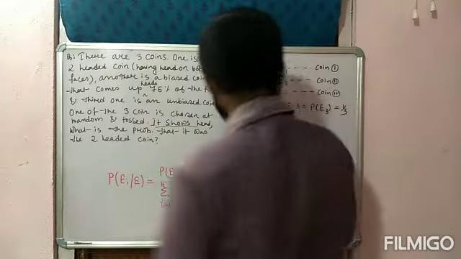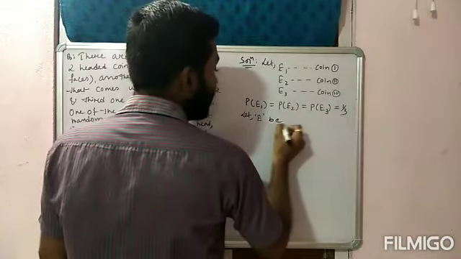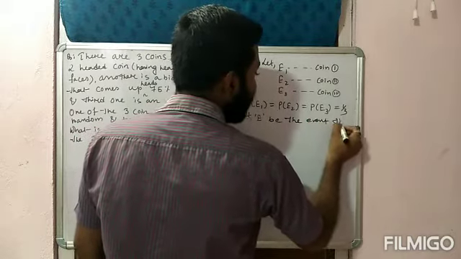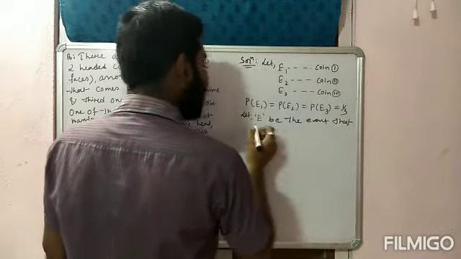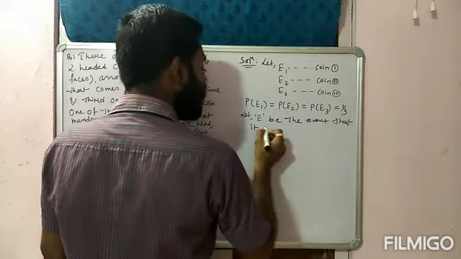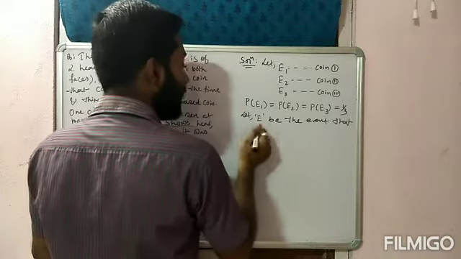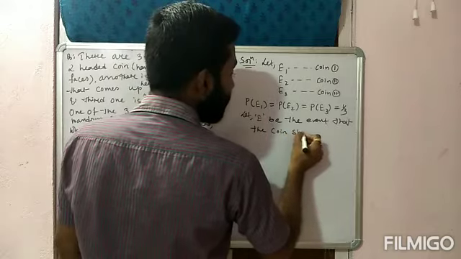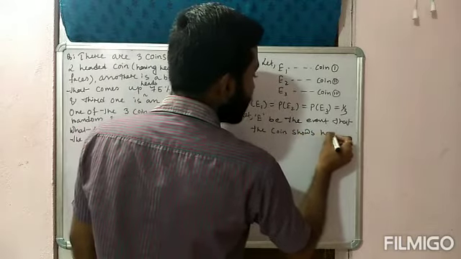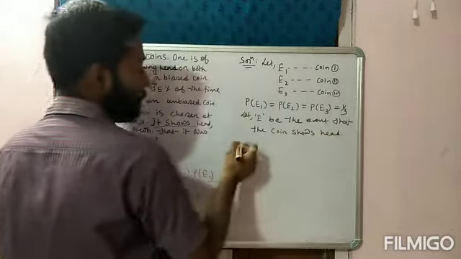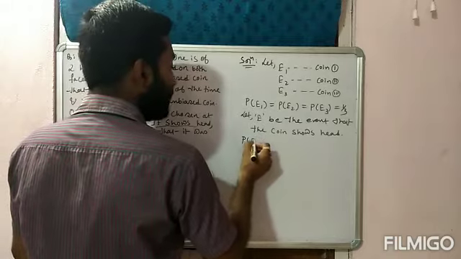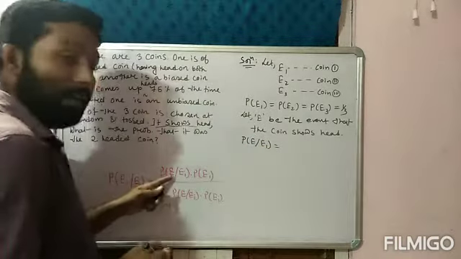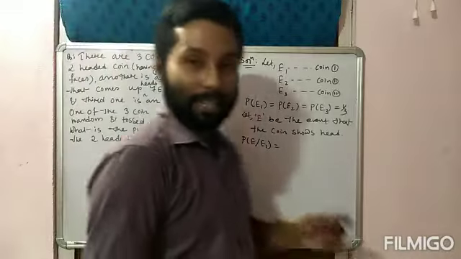So let E be the event that the coin shows head. Okay, therefore you need to find every P of E slash E1, E slash E2, E slash E3.